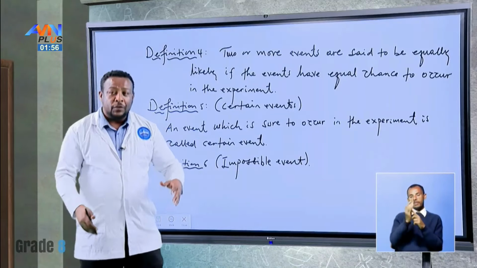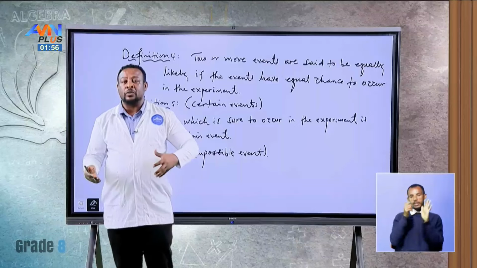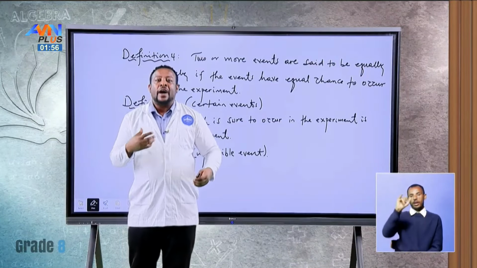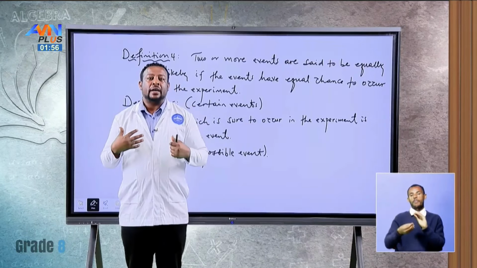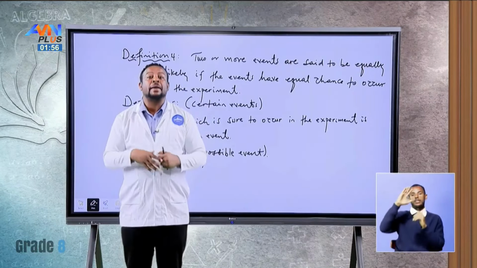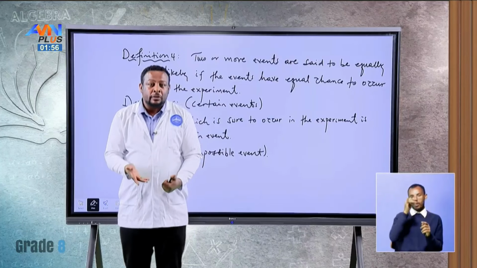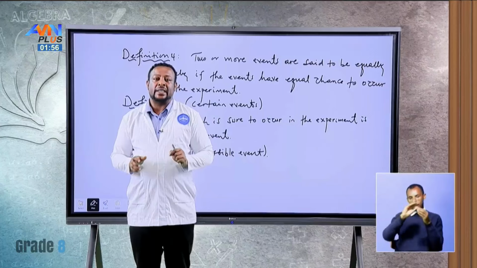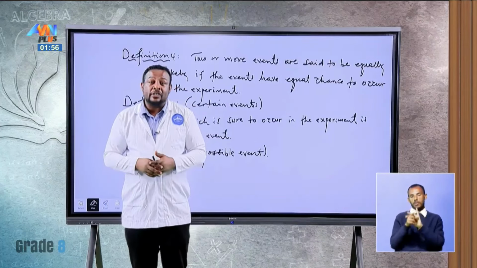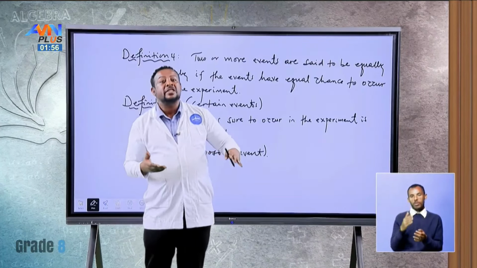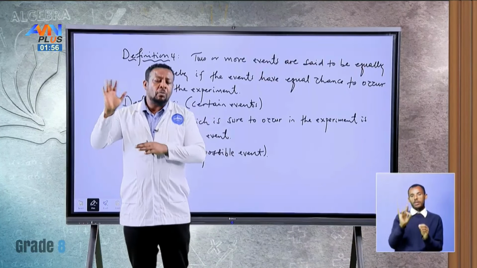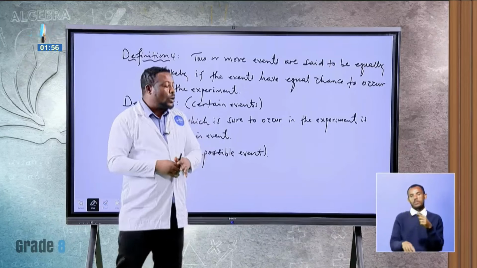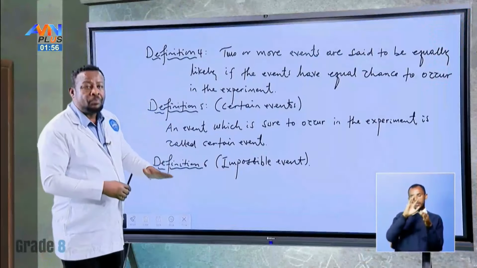For example, if you take the previous example of throwing a die, finding a number greater than 6 is impossible. Why is it impossible? In that experiment, you cannot find any number bigger than 6. For example, you may be asked to determine the event of getting a number 7 or 8 or more. Such an event is called an impossible event. So this is the 6th definition.